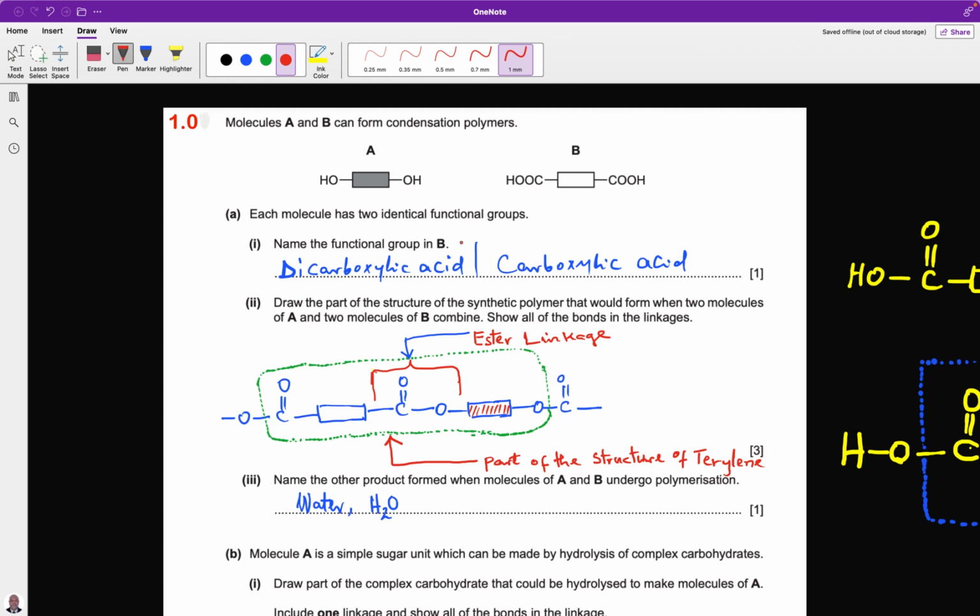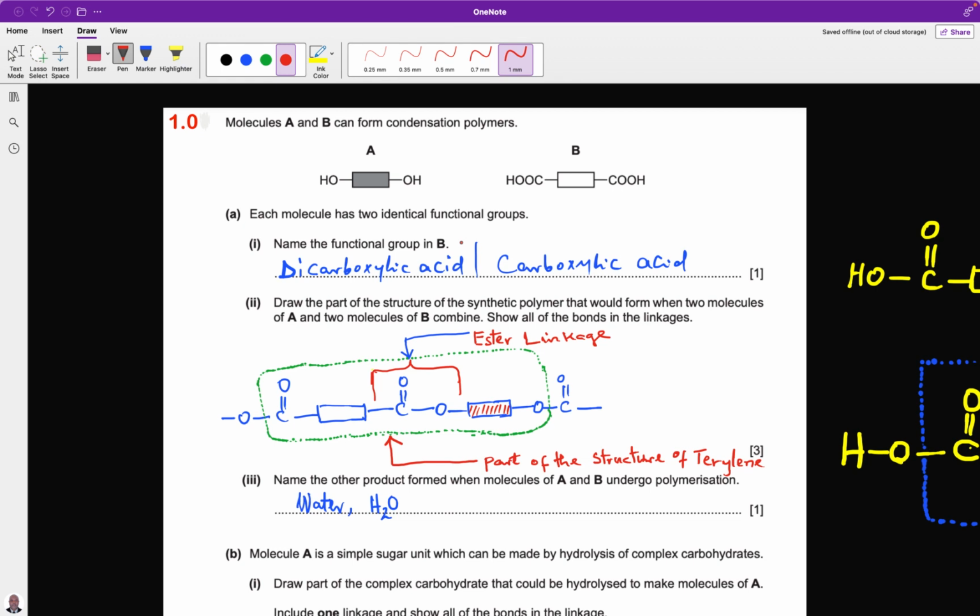Now, for the purpose of revision, what is a condensation reaction? A condensation reaction is a reaction in which two molecules join together, and a simple molecule such as water is removed at the same time.